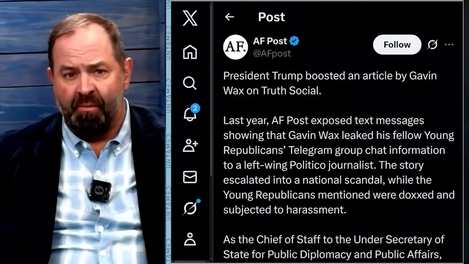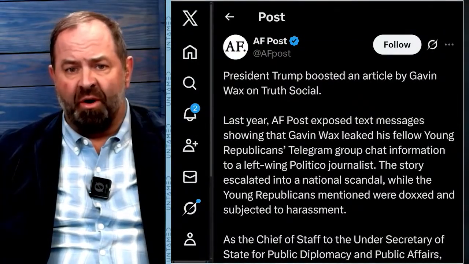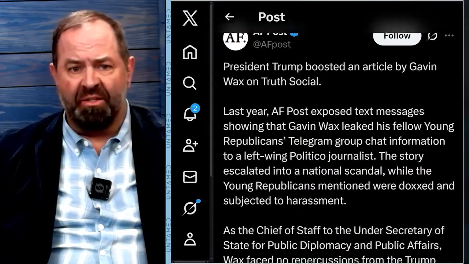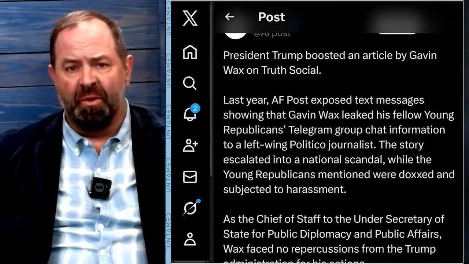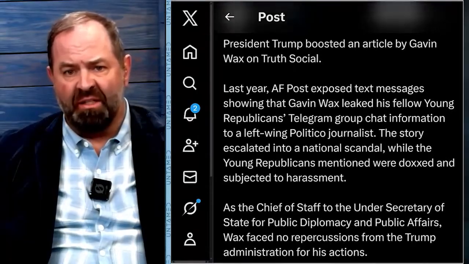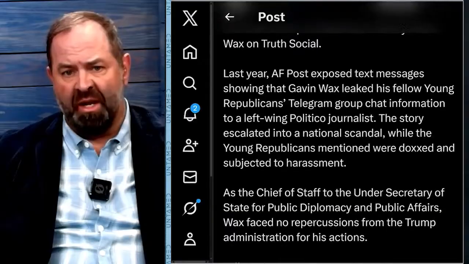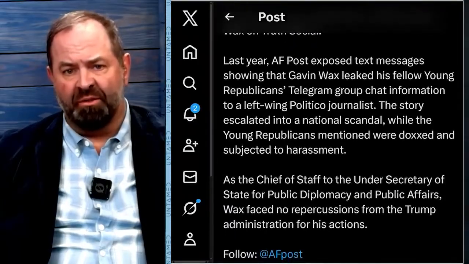And here's President Trump. Here's a post by Gavin Wax on Truth Social. Put it up. President Trump boosted an article by Gavin Wax on Truth Social last year. AF Post exposed text messages showing that Gavin Wax leaked his fellow Young Republicans Telegram group chat information to a left-wing political journalist.